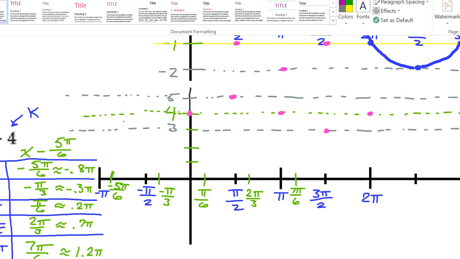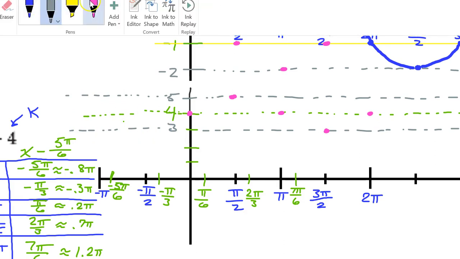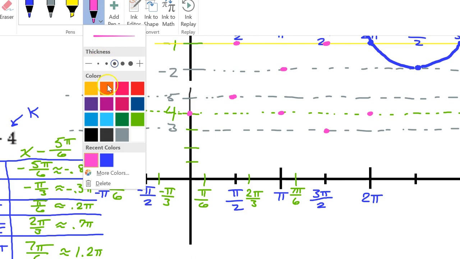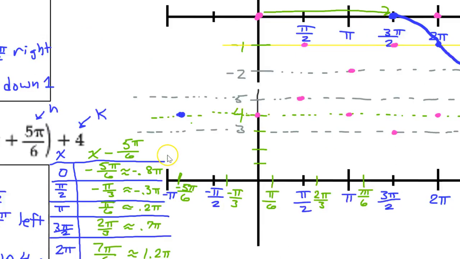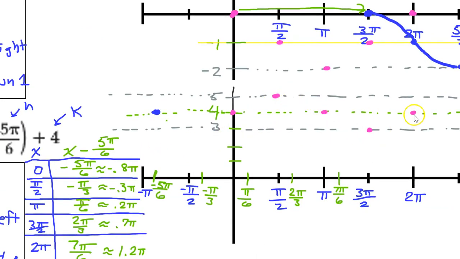All right, so let's do it. Okay, so our first point is going to move from 0 to negative 5 pi over 6. So that's going to be here. Now this is the sine function, as we remember from the equation and from the graph that we have.